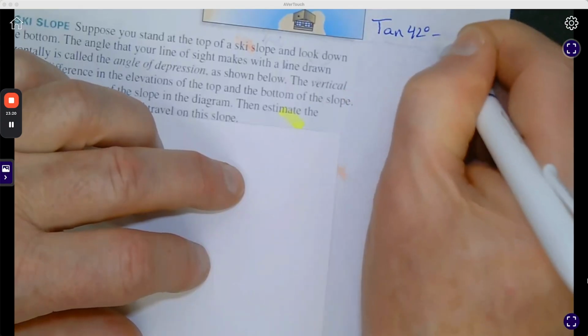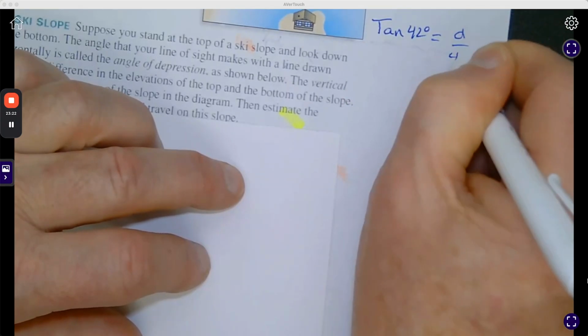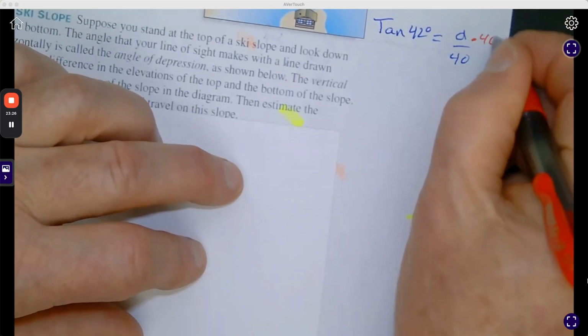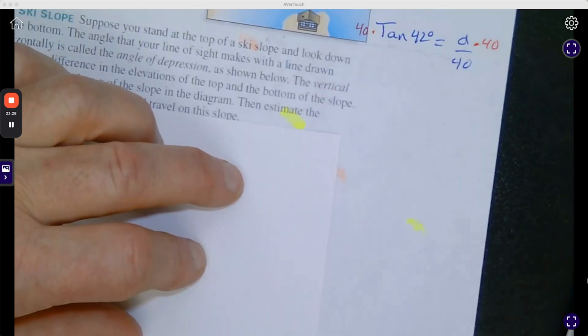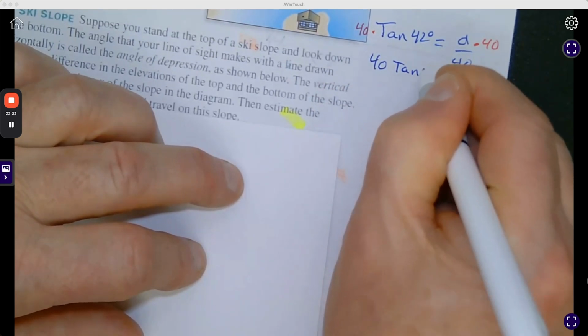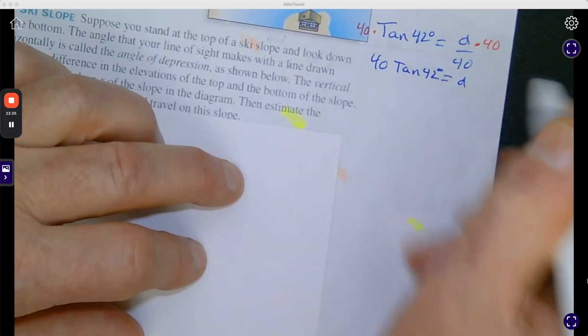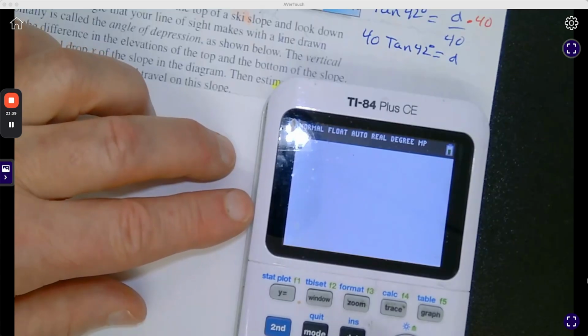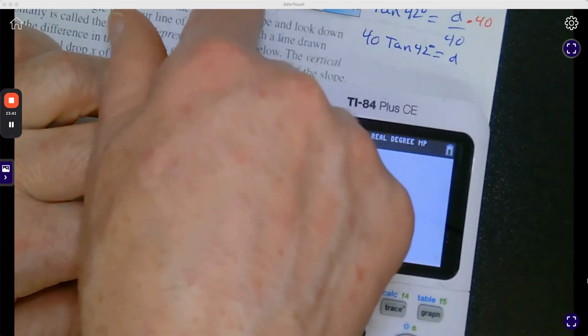Okay, adjacent and opposite is tan. So the tan of 42 degrees equals opposite over adjacent. Solve that for D. Multiply by 40. 40 tan of 42 is equal to D. Calculator, people.